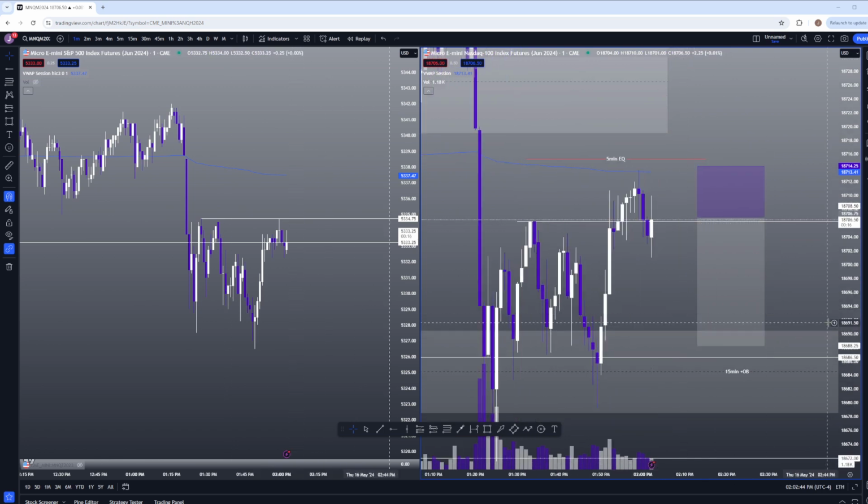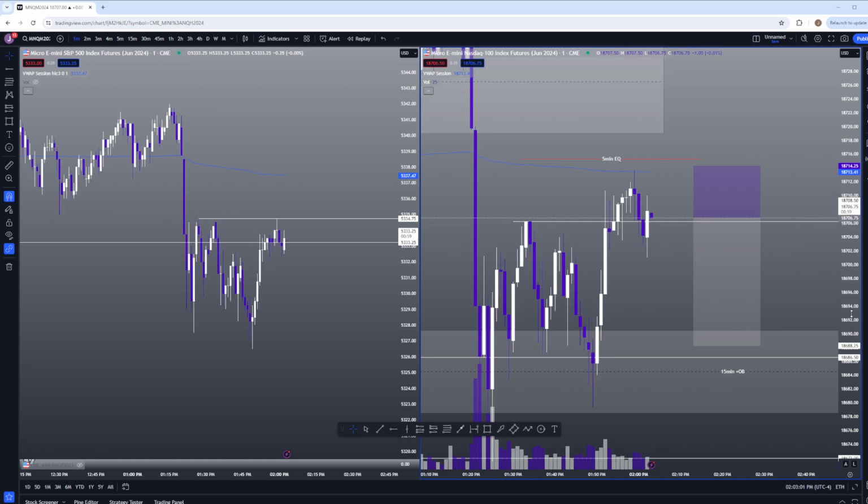But still no crazy move yet. We're still not seeing a lot of volume in this market. It's pretty slow right now. I just want to see the longs or the shorts start to take over, and that's when I'll start looking for a setup.